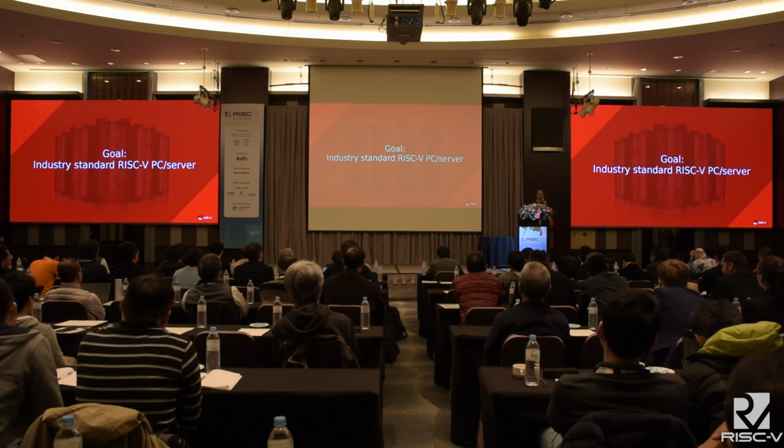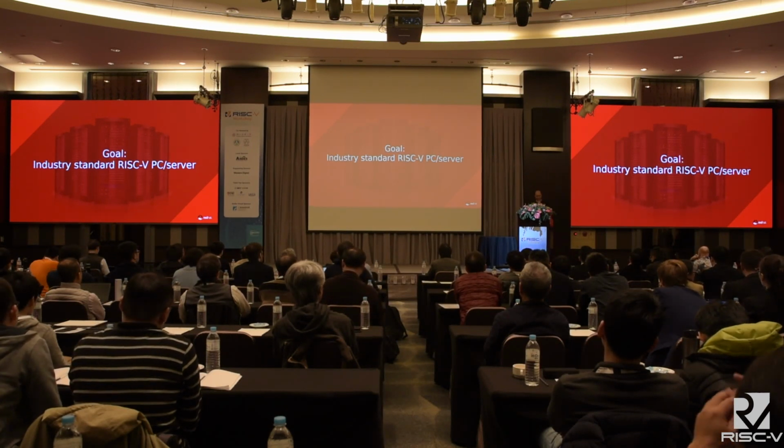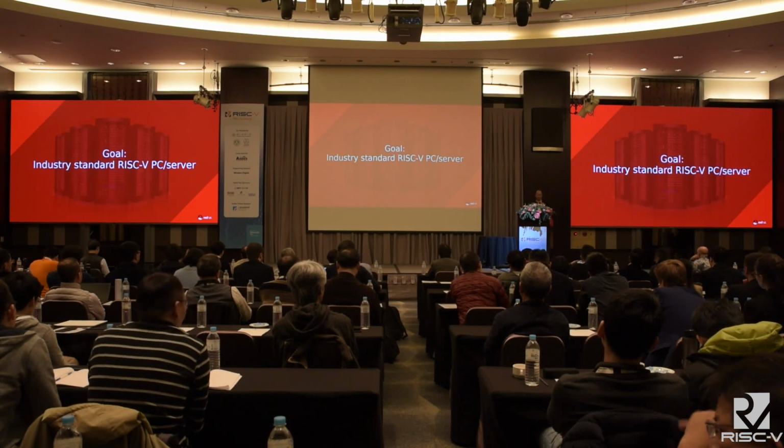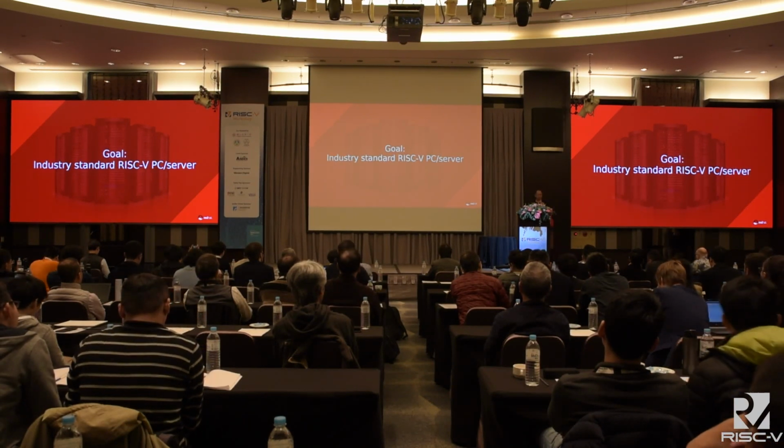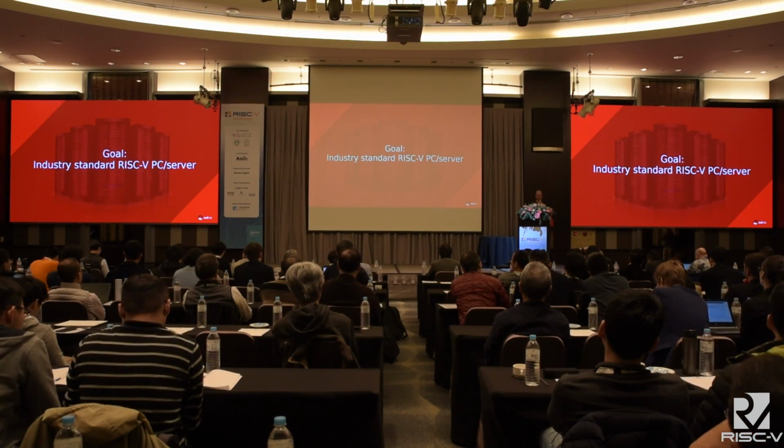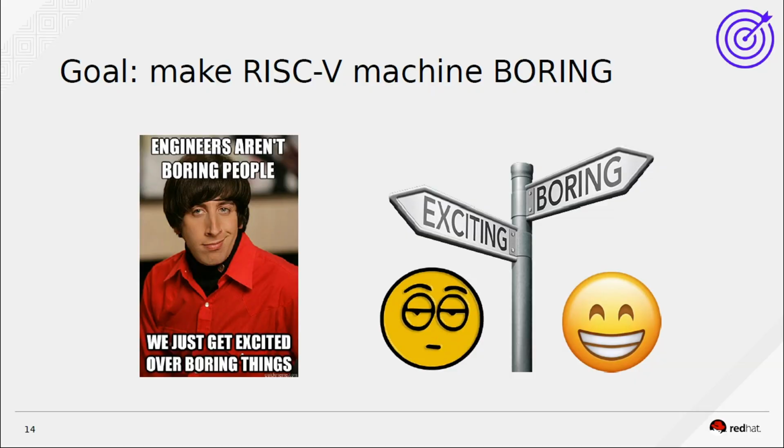So why are we here again? I showed this picture several times, right? Because I hope RISC-V lives long and prospers. So for the ecosystem, if we want to use RISC-V in the PC and server area, we have to make RISC-V machines boring, right?